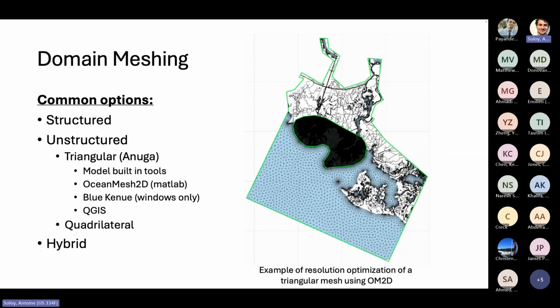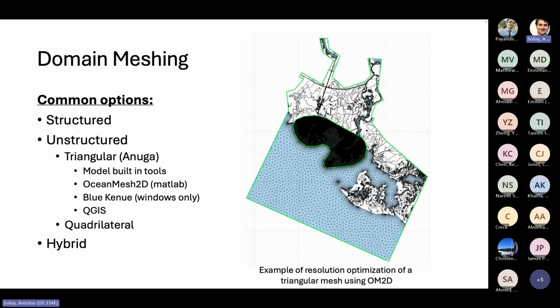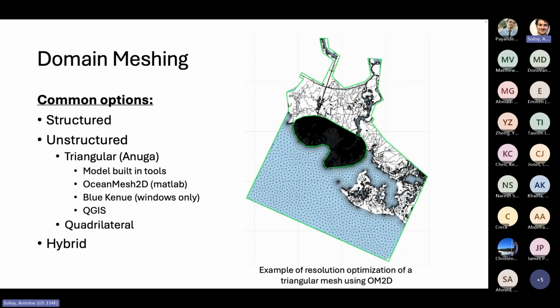So depending on whether you have a lot of computational power or not, and the complexity of your model, you will have to do some trial and error. With a measure that's pretty simple. It's like a uniform mesh, but it's triangular.